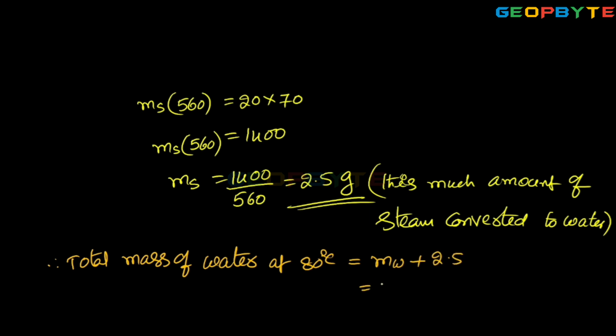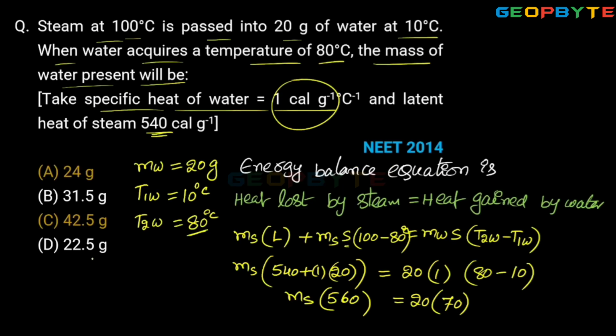Initial mass of the water is given as 20, plus 2.5, equal to 22.5 grams. That is the total mass of the water available at 80 degrees centigrade. 22.5 grams, so option D is absolutely correct.